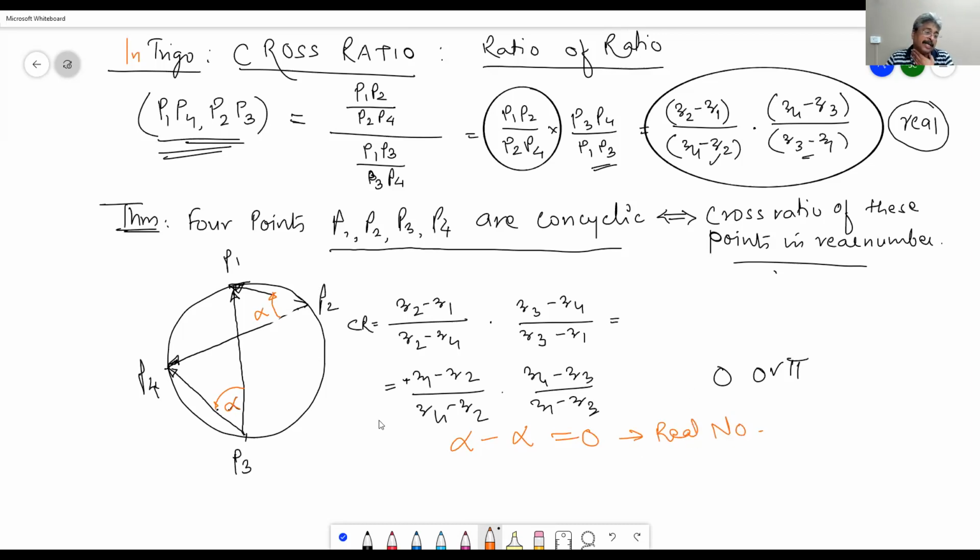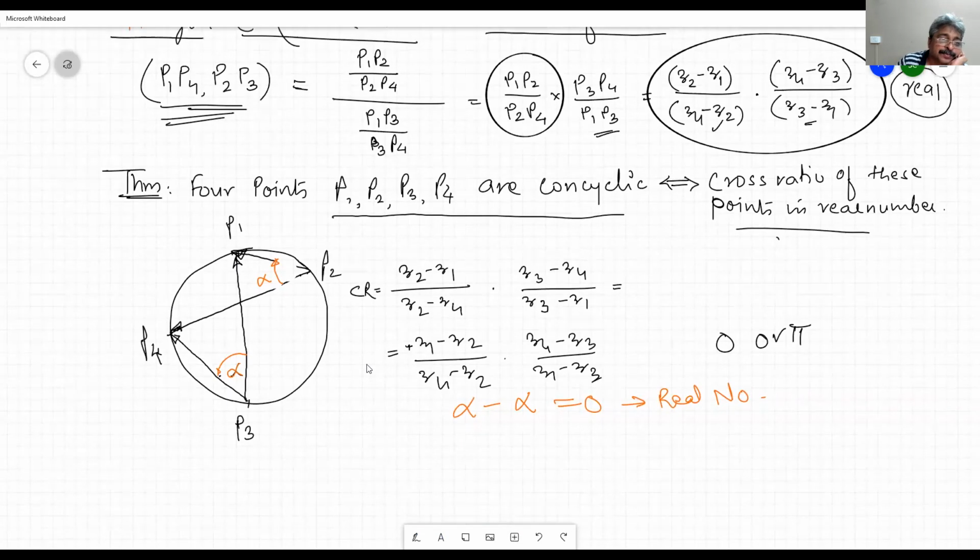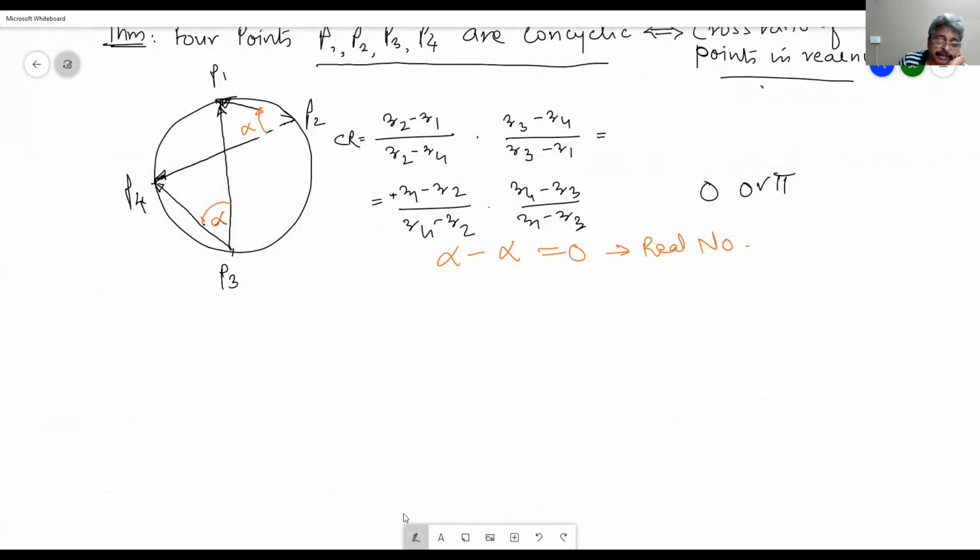Okay. Now what I was discussing is P3 and P4 are on the same side, or maybe P1 and P4 are on the same side of line P2P3. So case 2, make a circle. Okay, let me make it in black only.